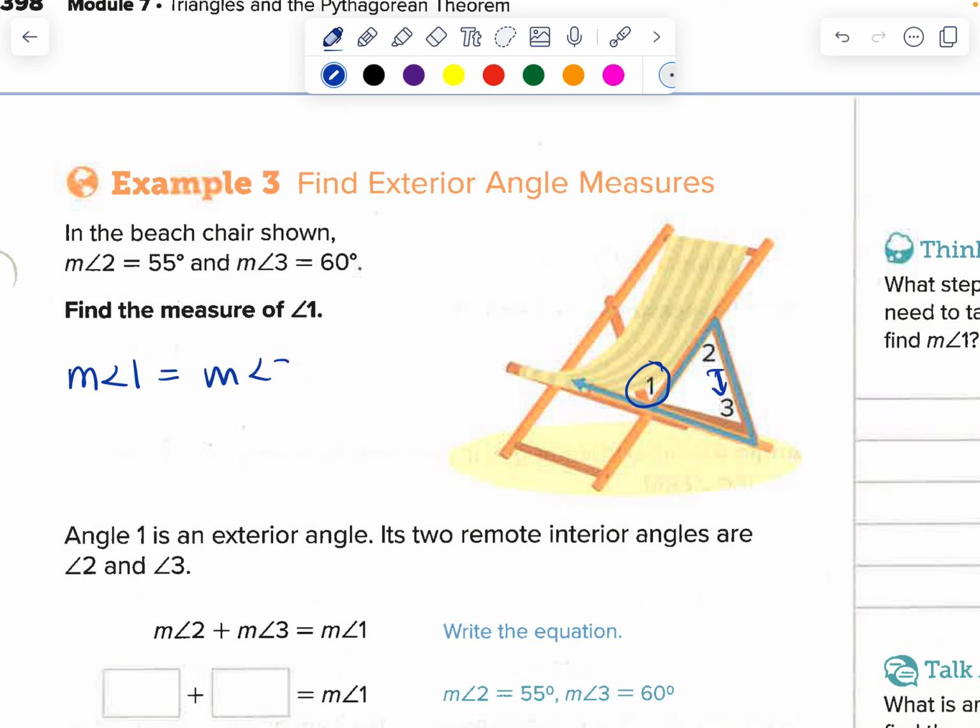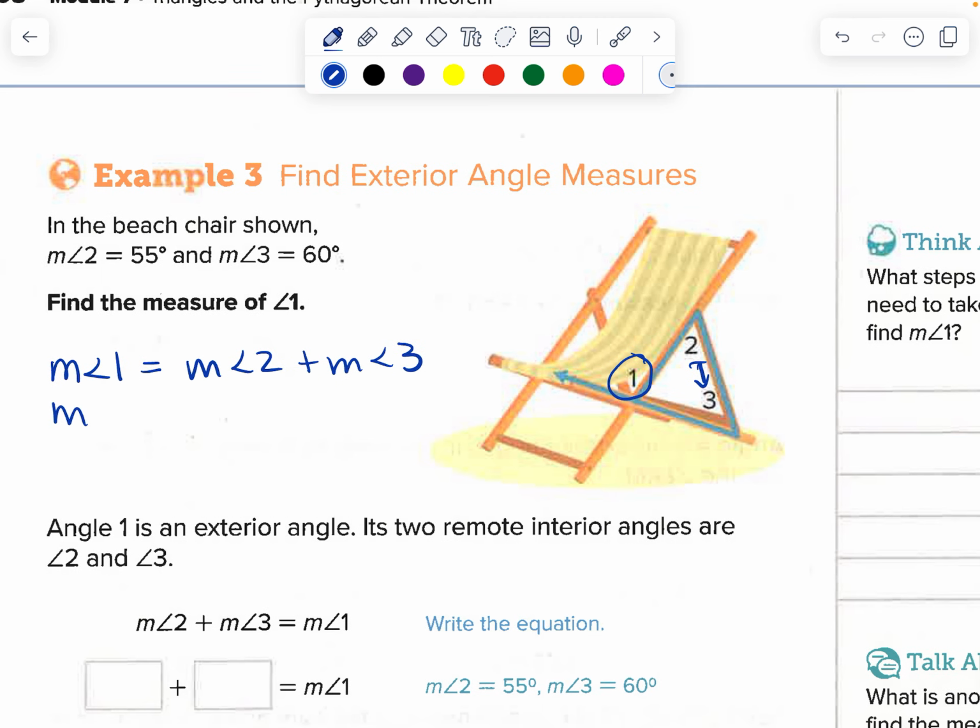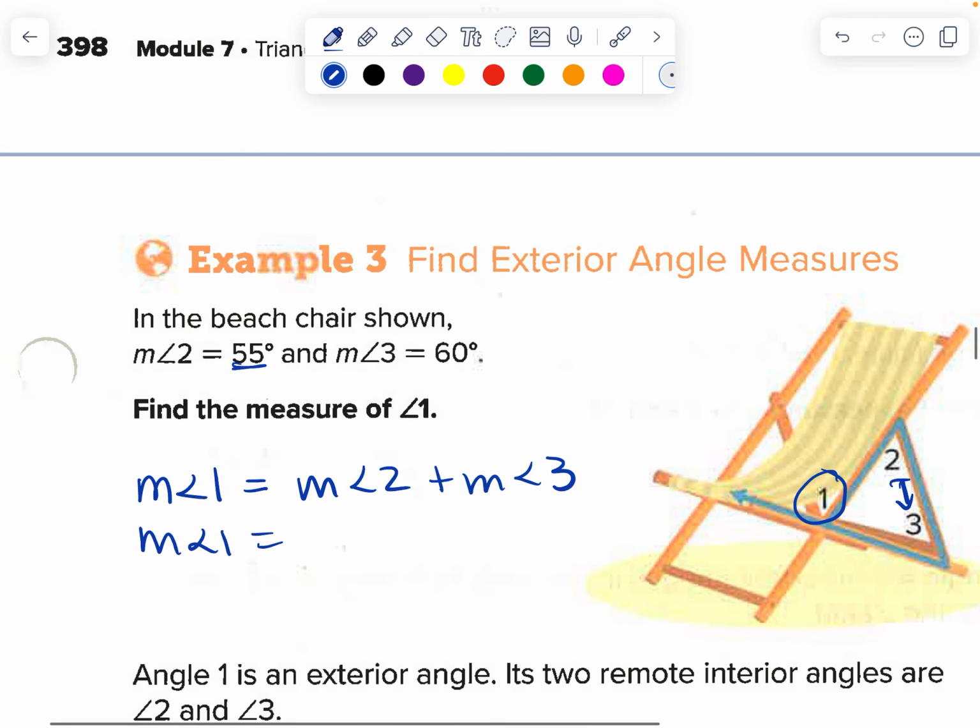So the measure of angle 2 plus the measure of angle 3. The measure of angle 1 equals, well, angle 2, it says right here is 55. Angle 3 is 60. So the measure of angle 1 is going to be 115 degrees.